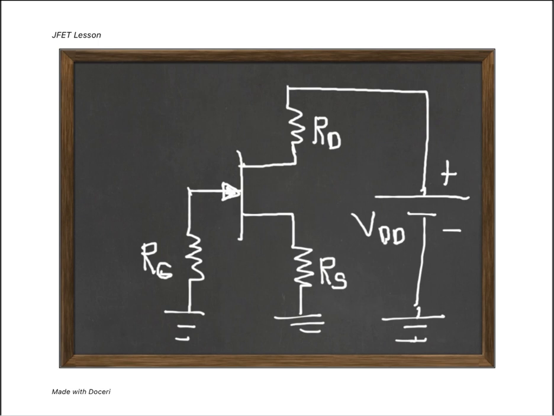So again, the self-biased N-channel JFET. This is the circuit arrangement. Drain. Source. Gate.